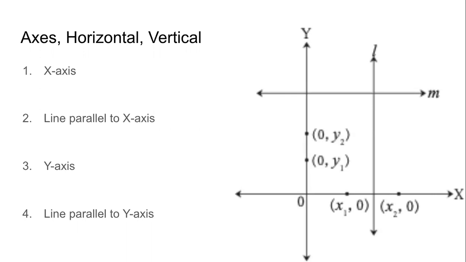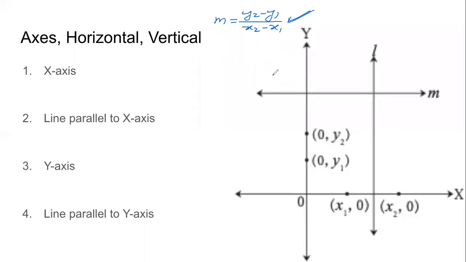Also, the axis themselves, the x-axis and the y-axis. Now we know that the slope of a line is given by the formula m equals to y2 minus y1 by x2 minus x1. Keeping this in mind, let us look at these 4 special lines.